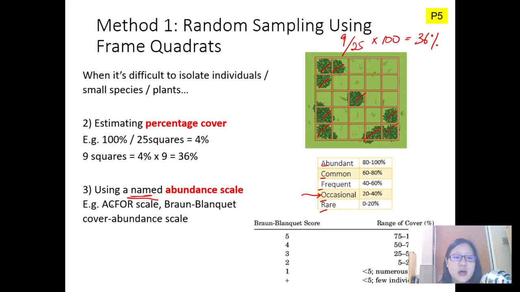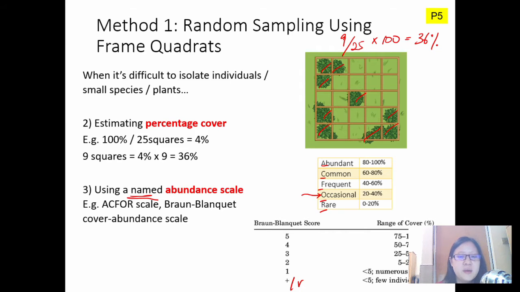Now, in contrast to the ACFOR scale, the Braun-Blanquet cover abundance scale, I don't know how to pronounce it, Braun-Blanquet, who knows, uses a numerical score instead. So it has 5, 4, 3, 2, 1 and plus. Sometimes they have it in R as well, plus or R, depends.